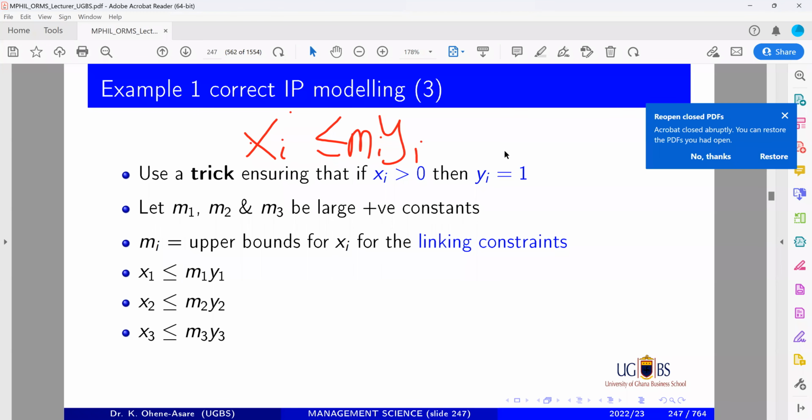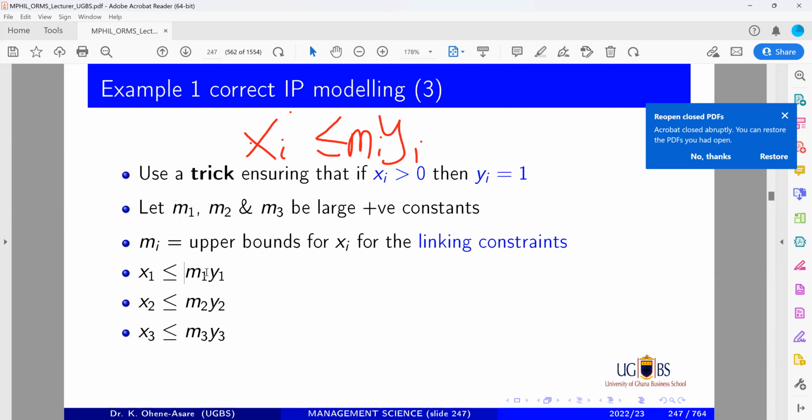Remember that x can take 0, 1, 2, 3, 4, 100,000, 2,000. X can take as many values, but the highest value in the problem you are considering is this M. And that is what can link the relationship between x and y. What is M? If I'm going to write the specific equation, M1 is the highest value for shed produced.